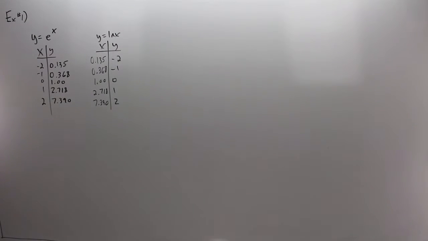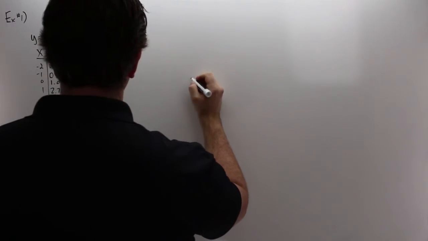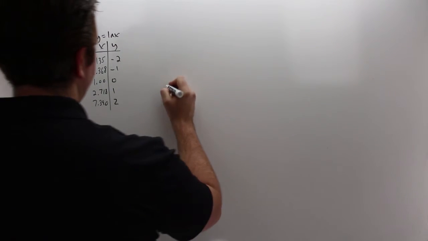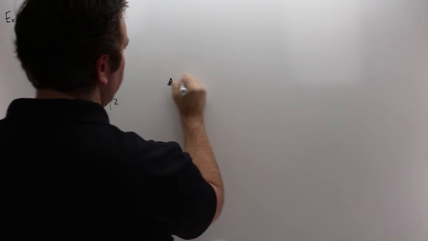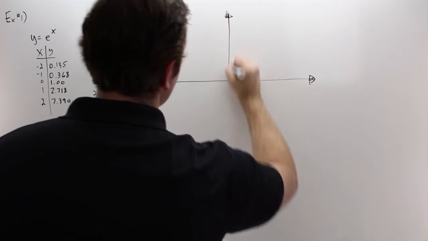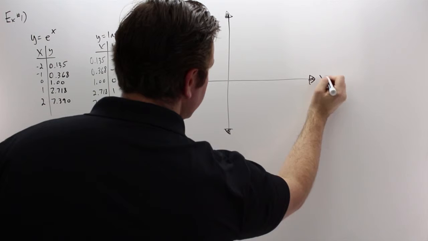Okay, so what I'm going to do next is I'm actually going to graph them both. Noting, when I look at my x's here, I need my x's to go basically all the way from -2 to 7, and my y's, I need them to go from -2 to 7. So, actually 7.39. So I'm going to make this nice and just a standard xy axis. Always label your x and your y.